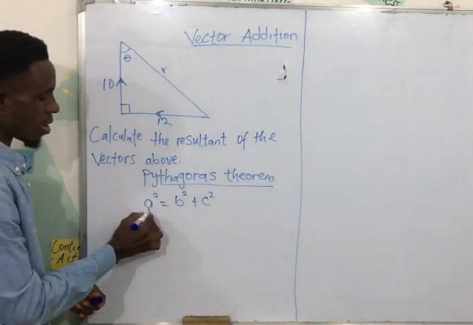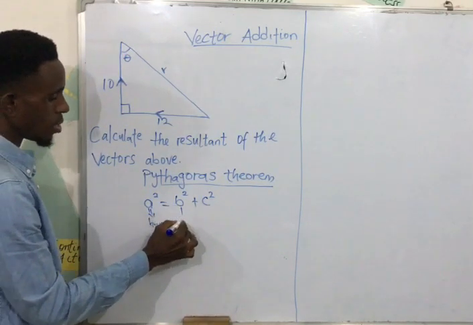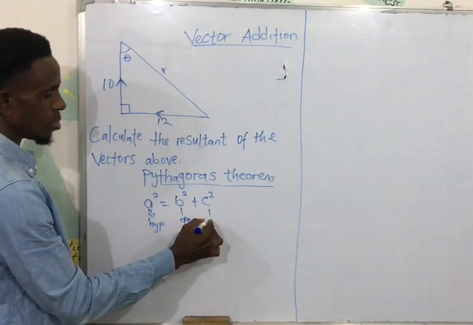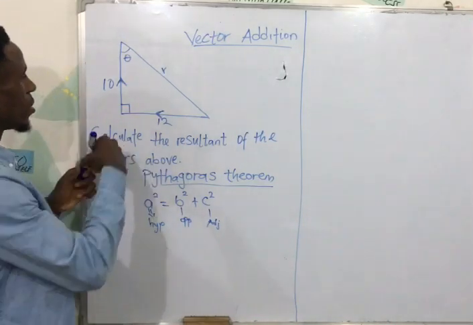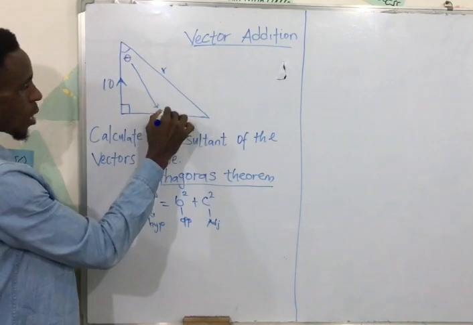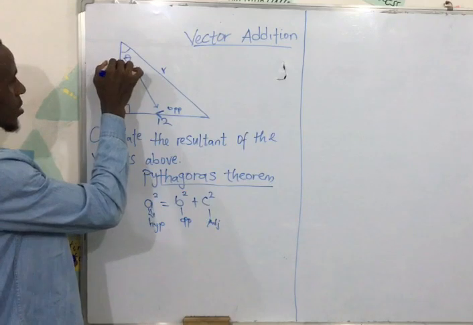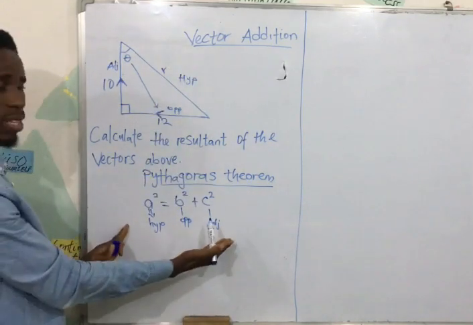Then this your a here is your hypotenuse, and your b can be your opposite, and then your c can be your adjacent. So in this case, this is my angle, so this point here now becomes my opposite, and this point here becomes my adjacent.